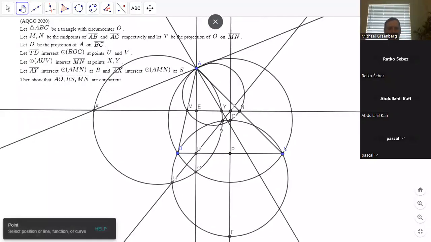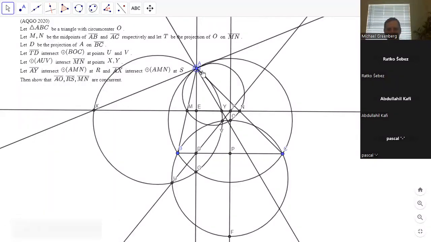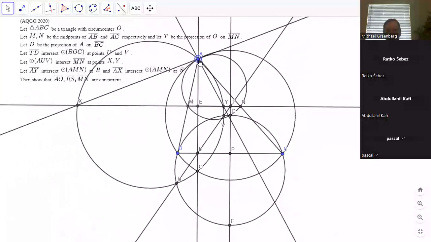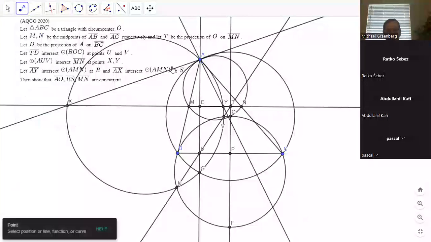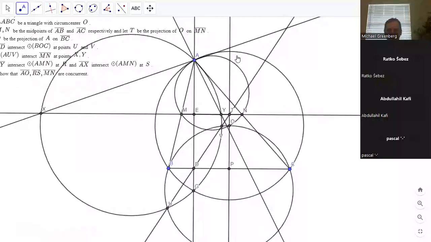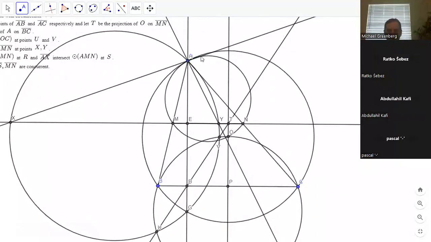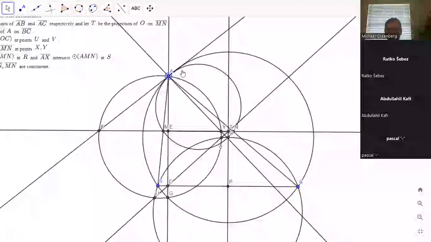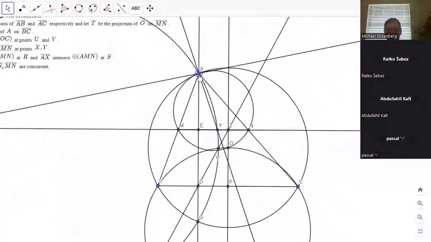Okay, so again, this is like a two-step problem. It's hard to see one of the intersections because those circles are tangent. So AMN is tangent to ABC. Let's see if I can make it easier to see that intersect.